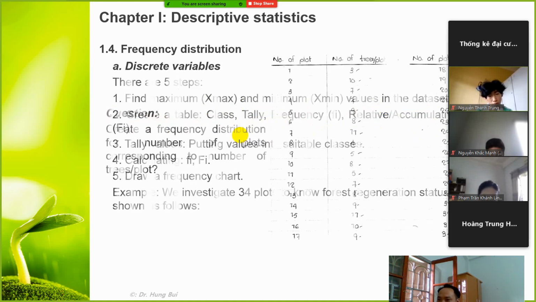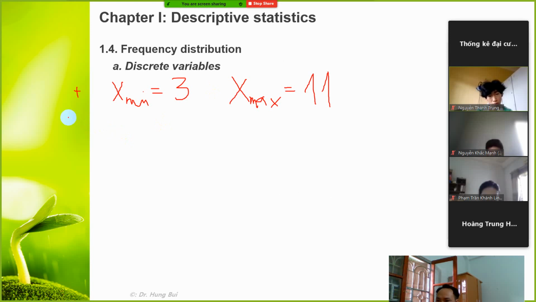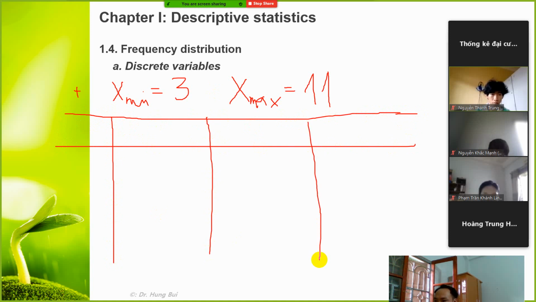So now draw with me, guys, on the book. Create a table like that, draw it. And how many columns? 4 columns, right? Here, here, and here.